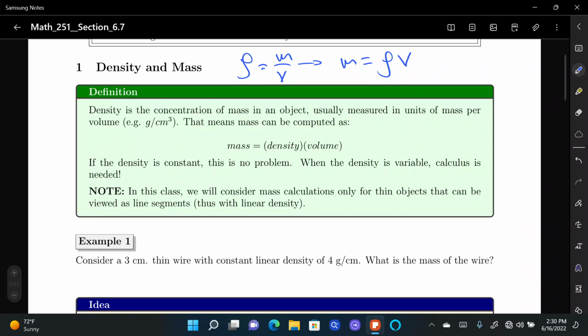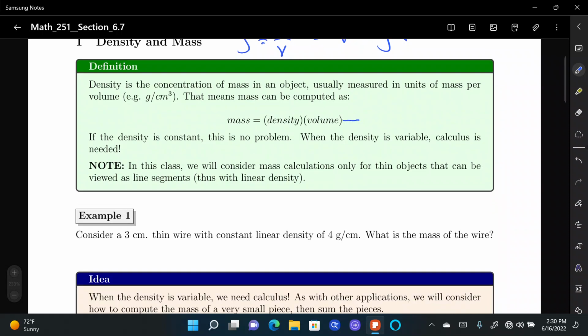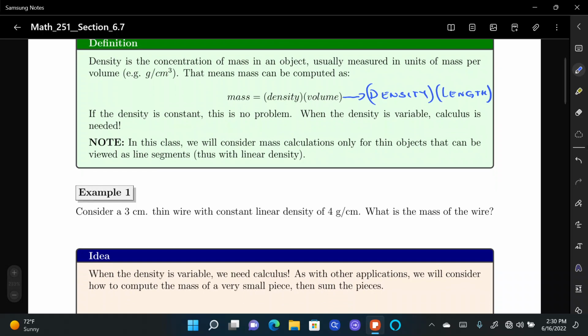But again, we're going to take the easiest case in which we're going to multiply density times length. All right. So what's the deal here? When you have, for example, a liquid or a solid and you're finding its density, that chemical substance is uniformly formed by the same substance, so the density has to be constant, right?